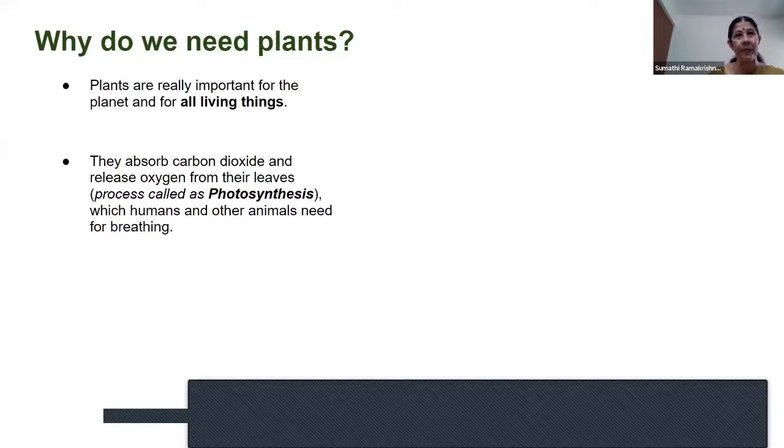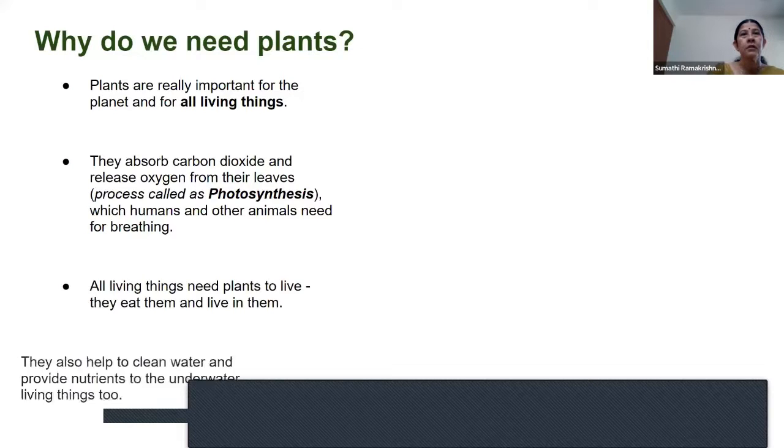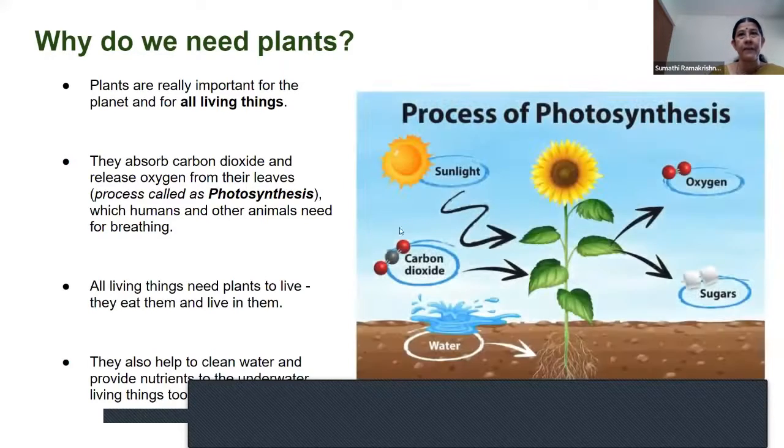You can draw a diagram on the board, and tell what photosynthesis is and why it is important for plant life. All living things need plants to live. They eat them and live on them. Even we come under that category only.